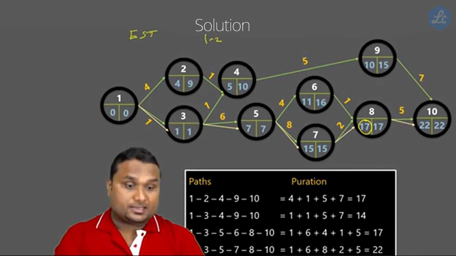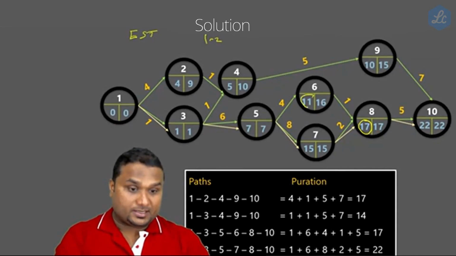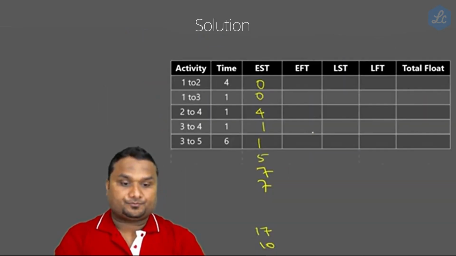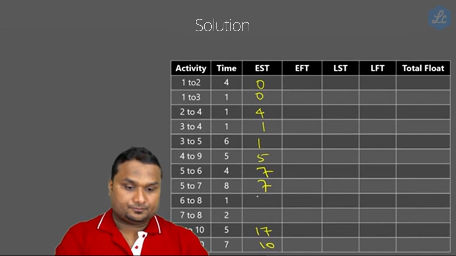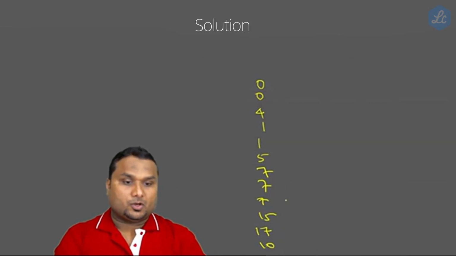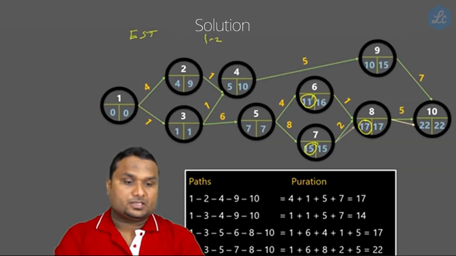So 6 to 8 starting point is 11, and 7 to 8 starting point is 15. Hope it is clear.